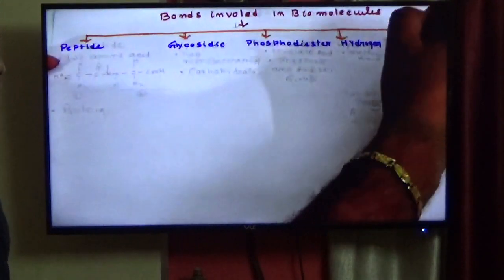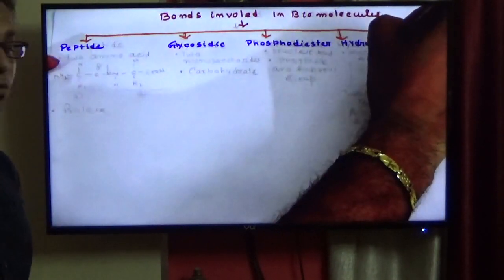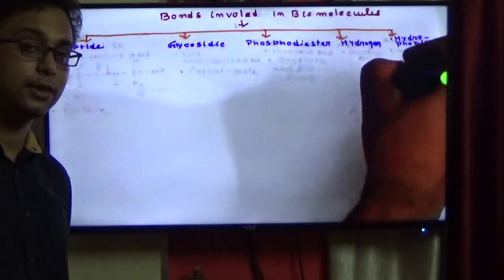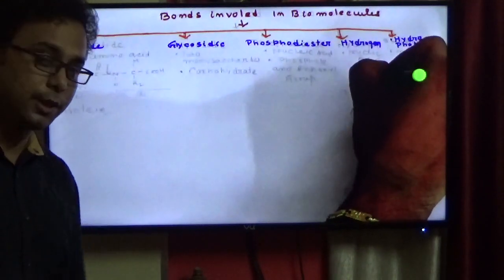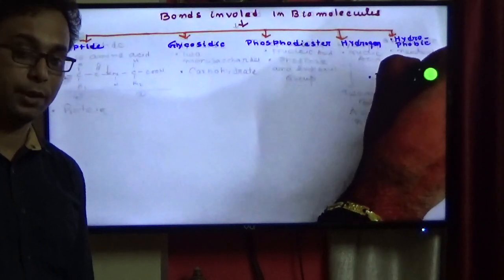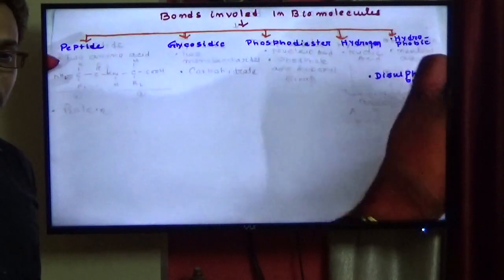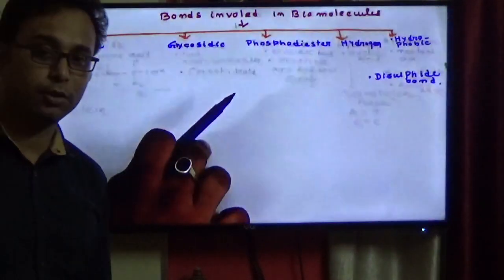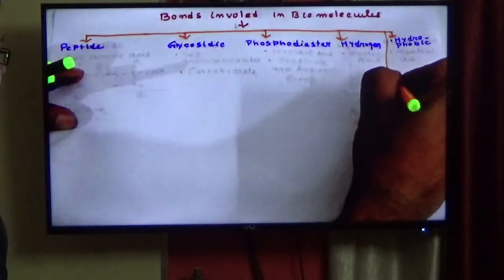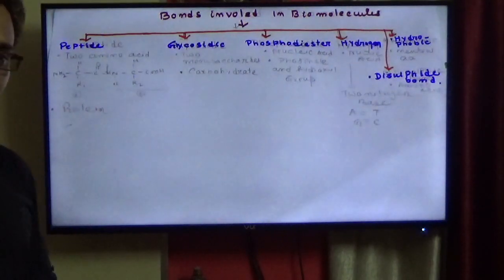Phosphodiester bonds are also very important and are present in nucleic acids. Hydrogen bonds are present between the two nitrogenous bases, and hydrophobic interactions are also important for protein formation. The disulfide bond is present in sulfur containing amino acids. So these are the different types of bonds involved in the biomolecules.